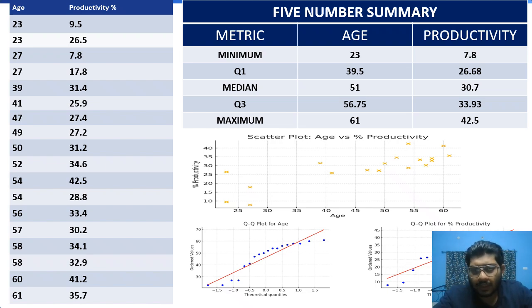So you can see how we have been plotting this, a scatter plot of age versus productivity. Now we will be plotting the QQ plot for age, and then the QQ plot for productivity.